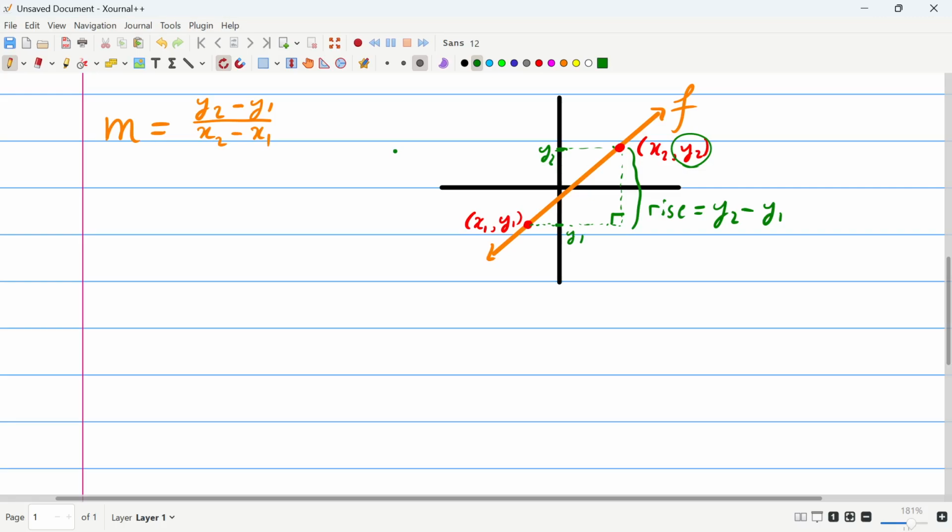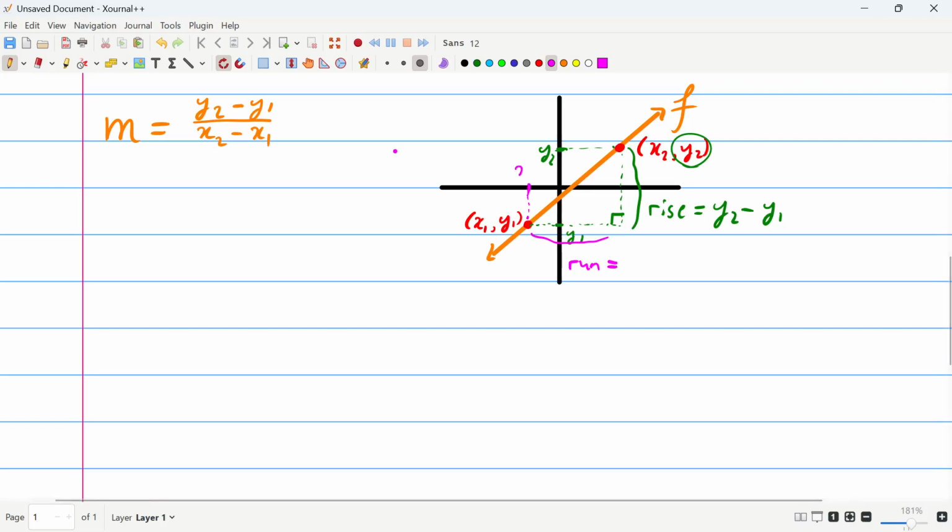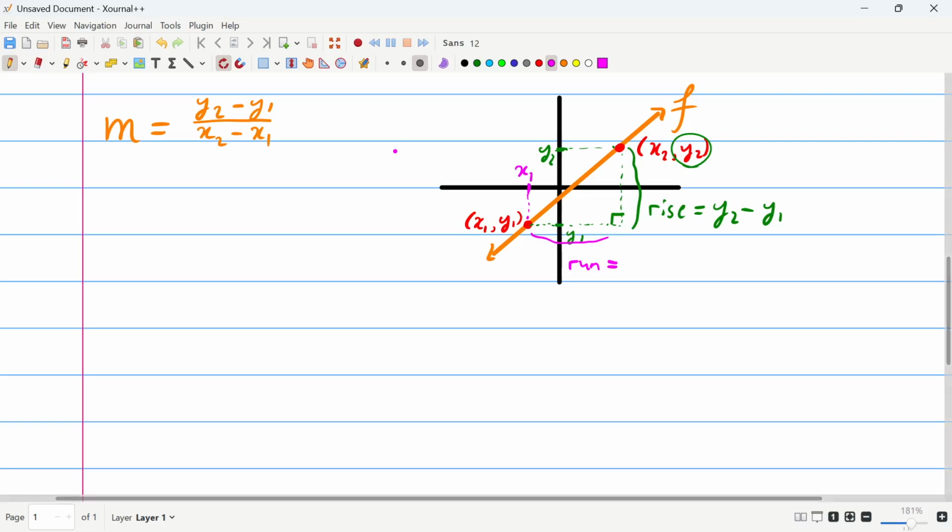And then we have something else which is called, not the rise, the run. Why? Because when you run, you usually run horizontally. You don't run upwards into the sky. So we run horizontally, and notice that's just the distance or the difference between the x values. So the first one here is x1, and then notice that x2 is somewhere here, meaning that that's just going to be the difference between x1 and x2.